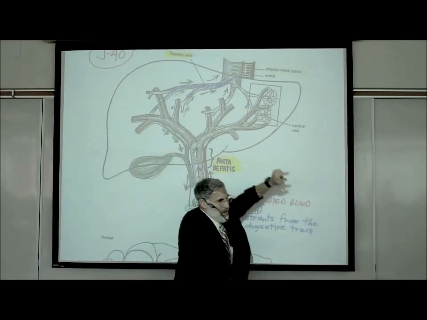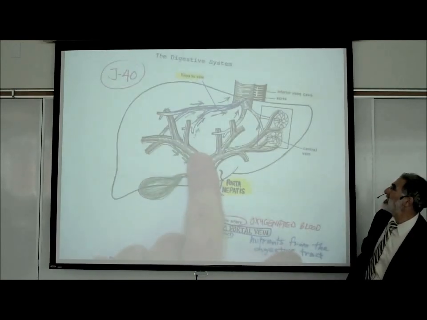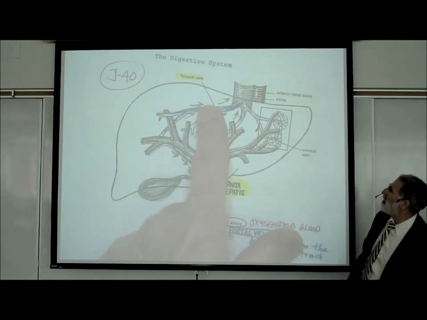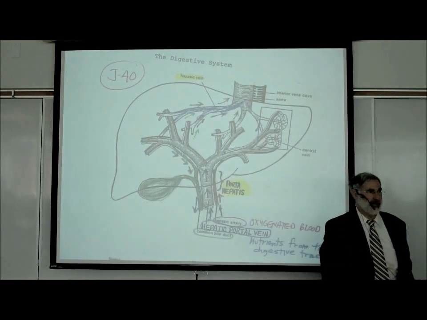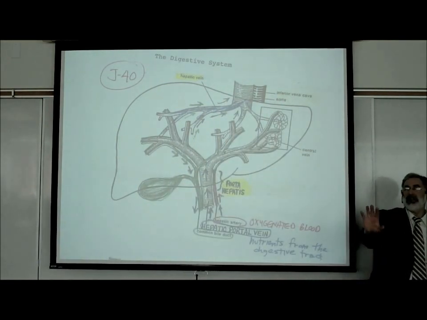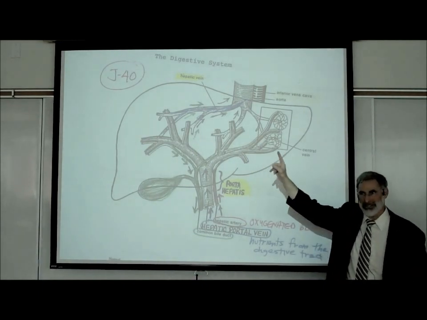And notice, right here at the top of the picture, here's a hepatic vein, and that hepatic vein connects to the inferior vena cava. You can start learning this because we're moving into the circulatory system next. You're going to know all this stuff.